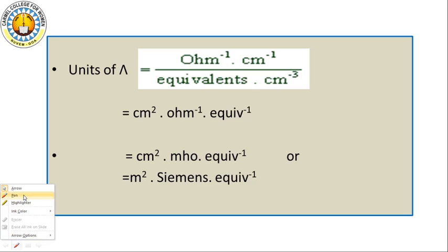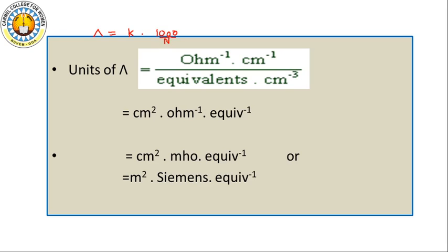If you remember the units of specific conductance, I'll just write the formula for you. Equivalent conductance is equal to specific conductance into 1000 upon N.